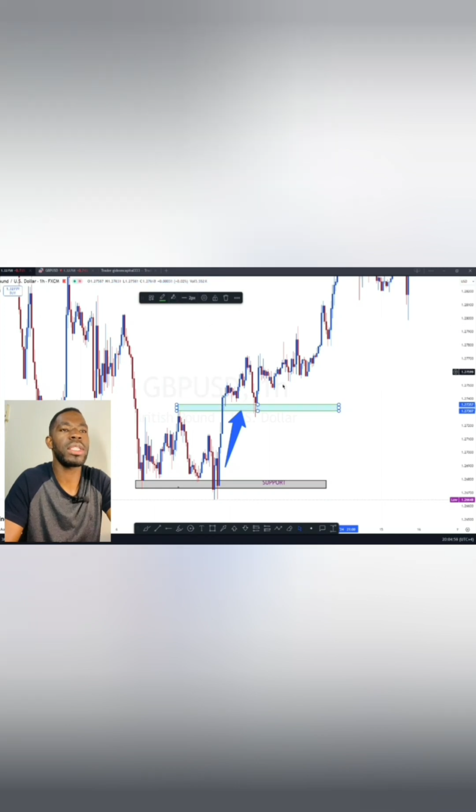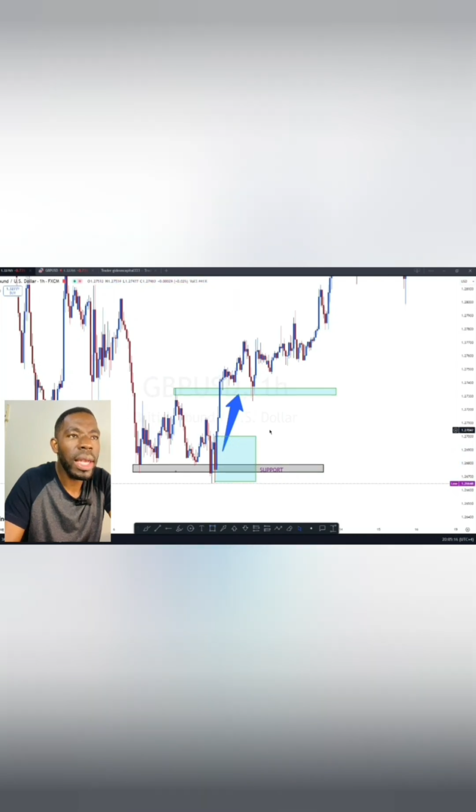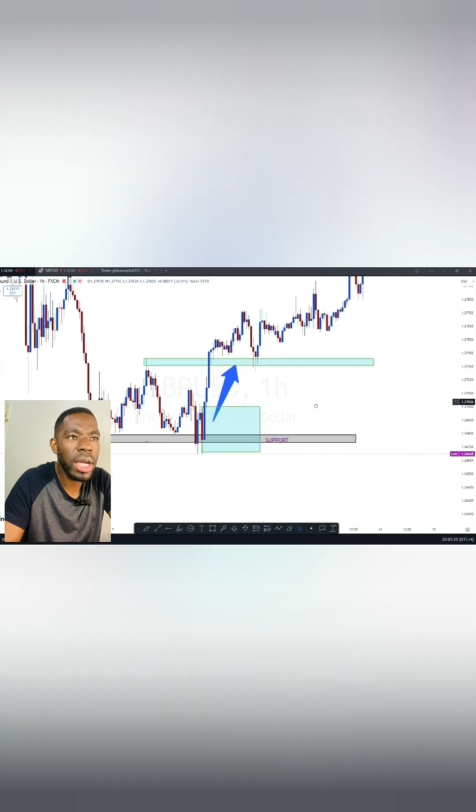So there's a support area here, and then there is a break, an order block. This last candle, you see that candle there? That last red candle, the one with a spike down here. You have that before this aggressive move.